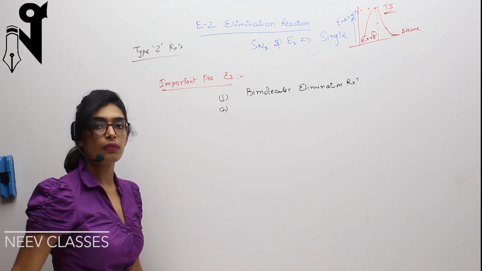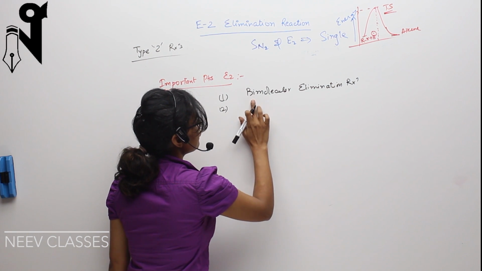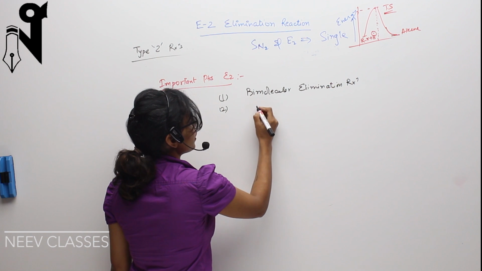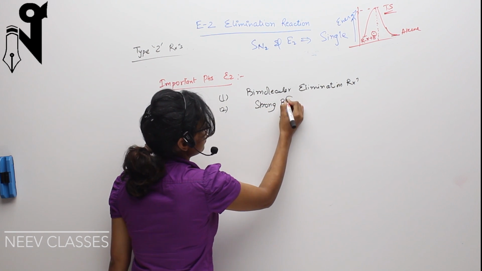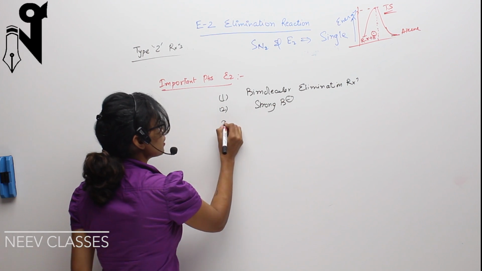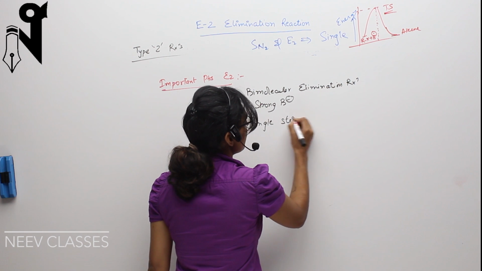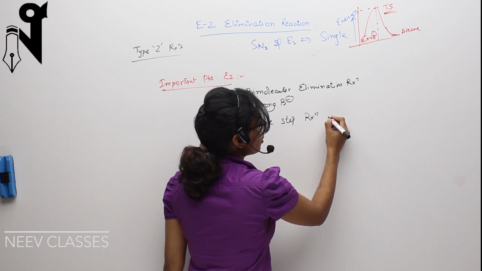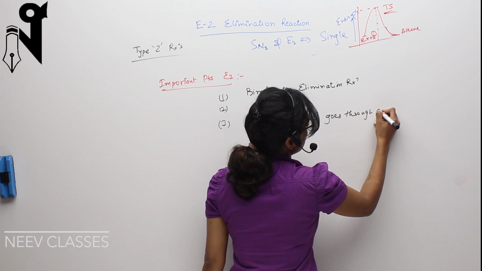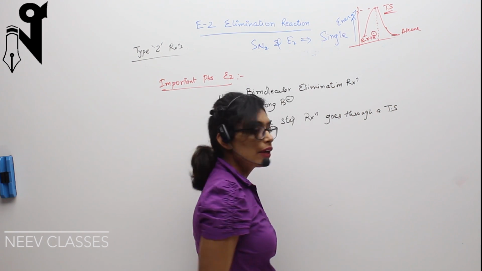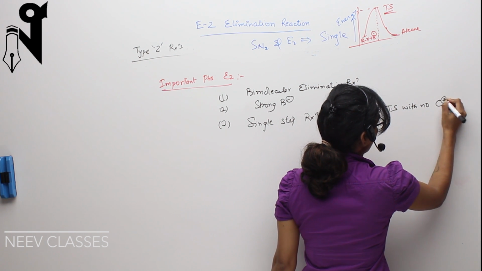Second, it requires a strong base. Third, it is a single step reaction. A single step reaction goes through a transition state with no carbocation formation.